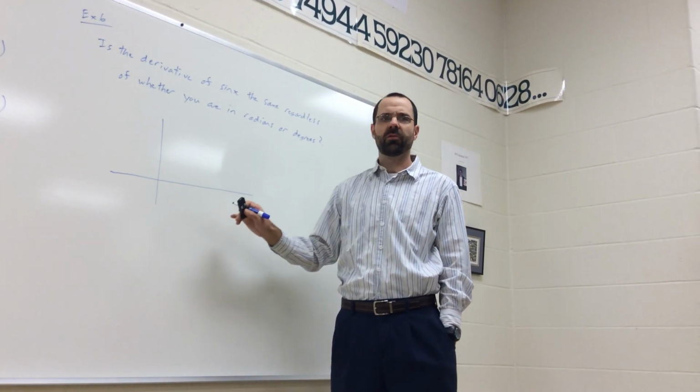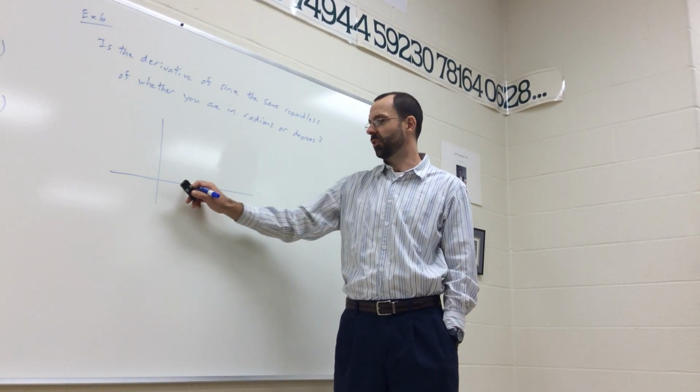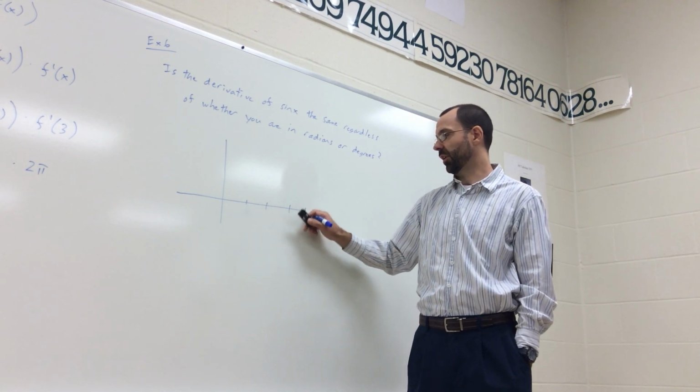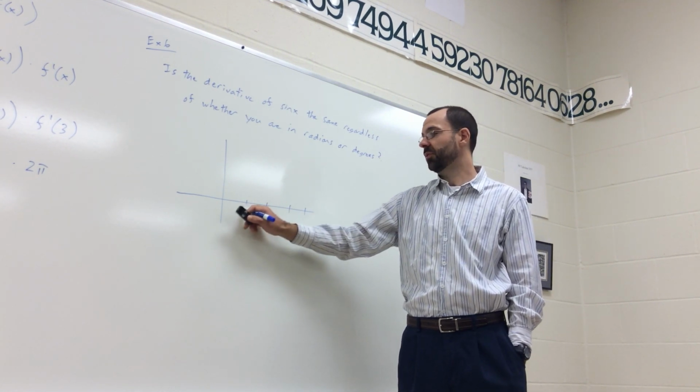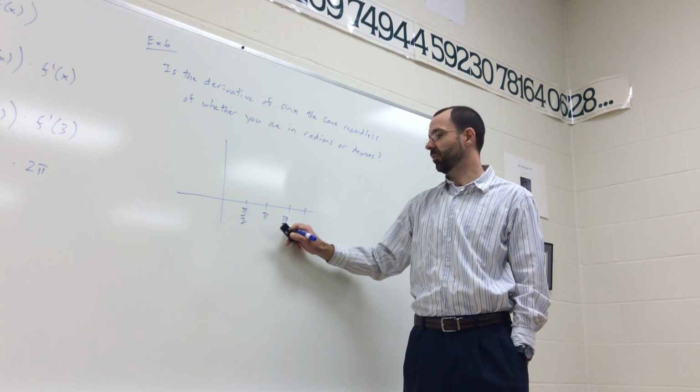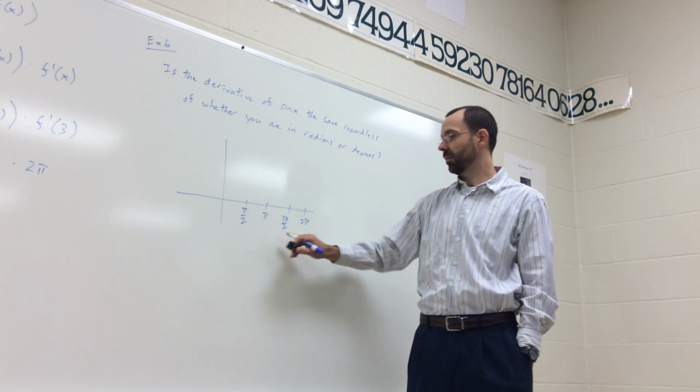Okay, so when you're in radians, you go pi over 2, there's like 4 marks, right? And you do pi over 2, and pi, and 3 pi over 2, and 2 pi.